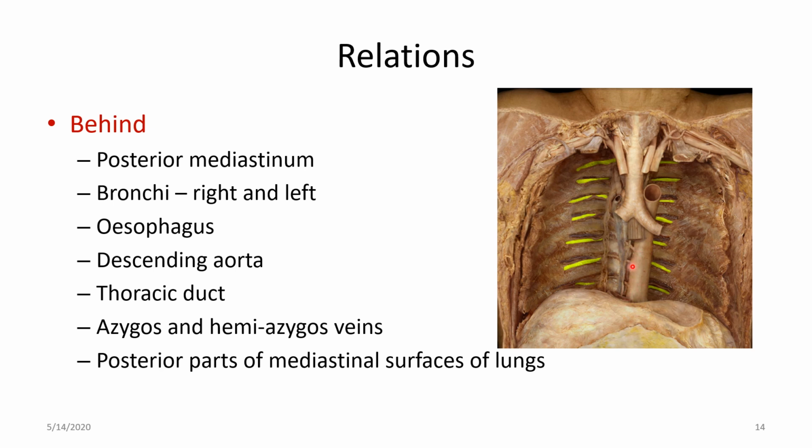Here you can see the thoracic duct, and this is the azygos vein on the right side. Similarly, on the left side will be the hemiazygos veins. And the posterior parts of mediastinal surfaces of lungs also will form a relationship to the fibrous pericardium posteriorly.